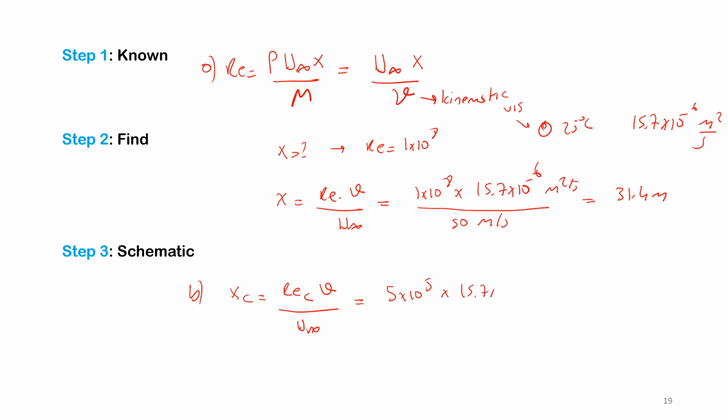And kinematic viscosity is the same, velocity is the same, so that means 0.16 meter. So the transition happens within 0.16 meter, and the total length required to reach a Reynolds number of 10 to the 8 is 31 meter.